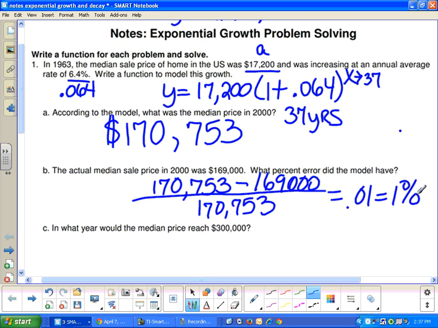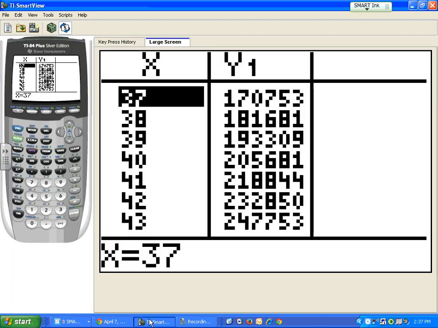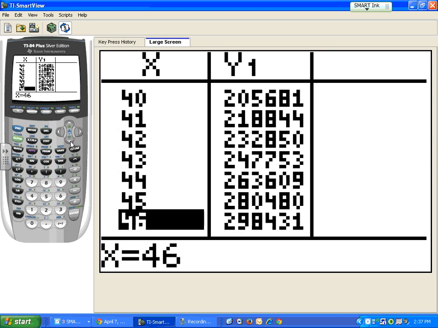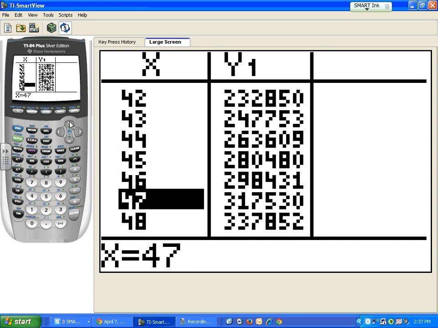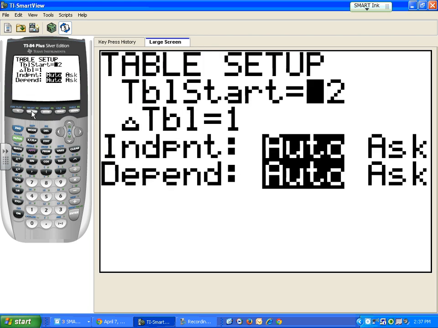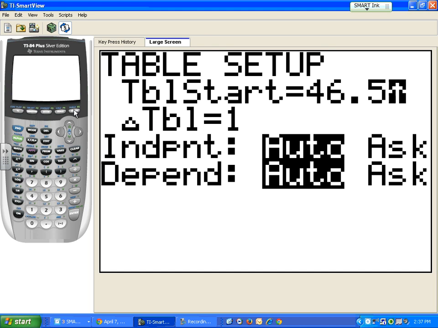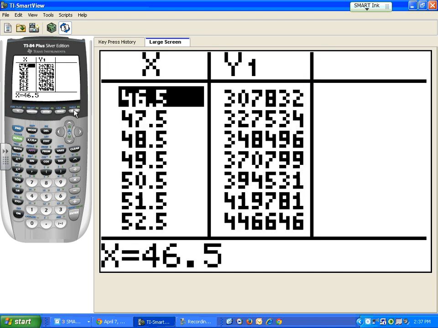So it says, in what year is the median price to be 300,000? So we will look back at our table here, 300,000. And if we continue going, we're looking at somewhere around 46, 47. We can adjust our table to 46.5 and go back, to get as close as possible. 300,000 looks pretty close to 46.5.